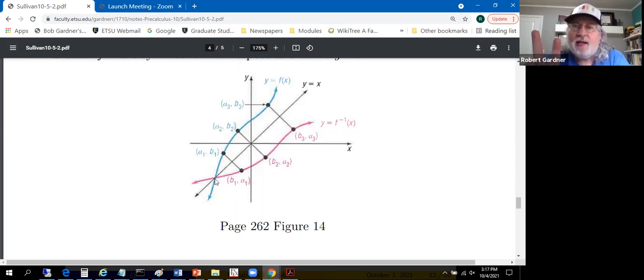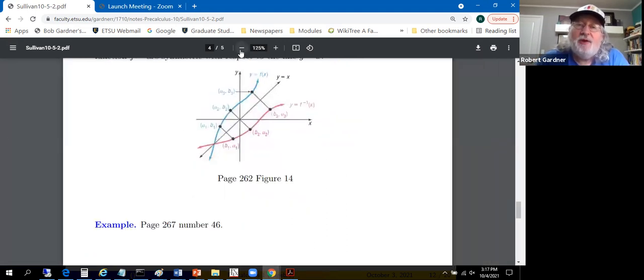So let's take that (-3, -3) and interchange the x and the y coordinates. Well, that also produces the point (-3, -3). So in this process, if we ever have a point on the function that lies on this line y equals x, the inverse function will also contain the exact same point. Because you interchange the x's and the y's, well, they're the same, so you can't tell the interchanging has been done.